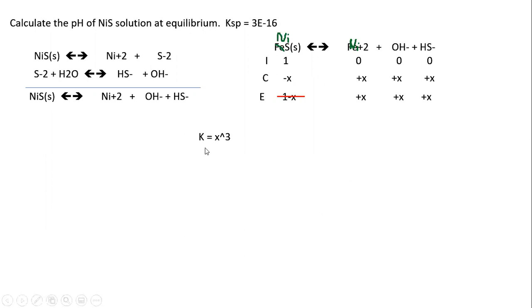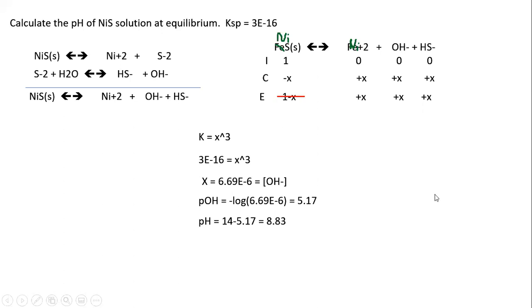And so you see we get this expression for K. So the equilibrium constant is equal to x cubed because at equilibrium we have 3 species. They're all in a 1-to-1 mole ratio, so everything is x. So when we solve for x, we get the concentration of hydroxide at equilibrium. Now that we know the concentration of hydroxide, we can find the pOH and then find the pH. So the pH of this solution at equilibrium would be 8.83.